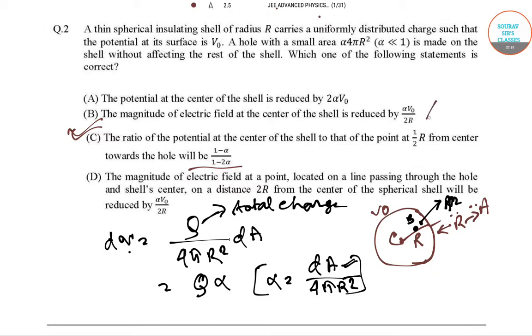This is not the correct option. And the magnitude of electric field at a point located on a line passing through the hole and the cell center, at a distance 2r from the center of the spherical cell, will be reduced by alpha V0 by 2r. This is also the incorrect option, and the first also, and the correct option is the third option. So that's all for today.